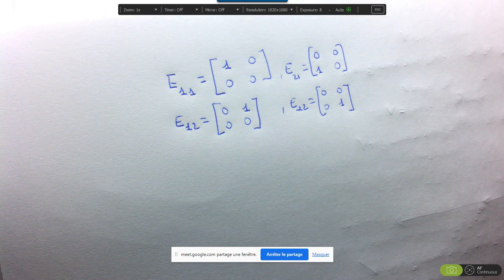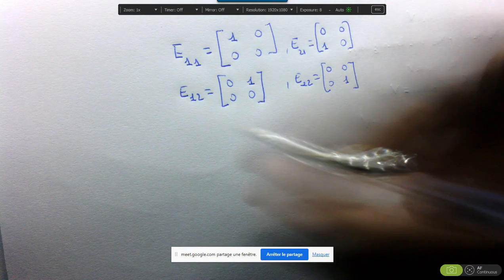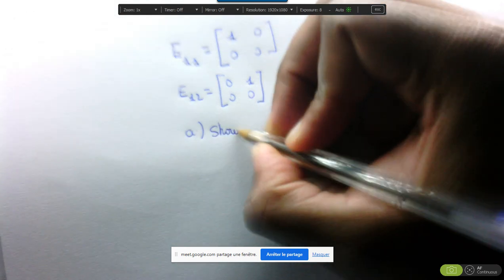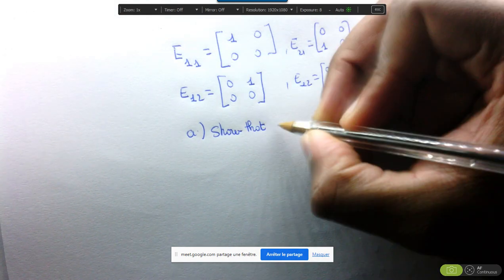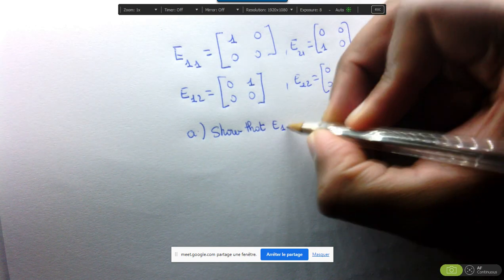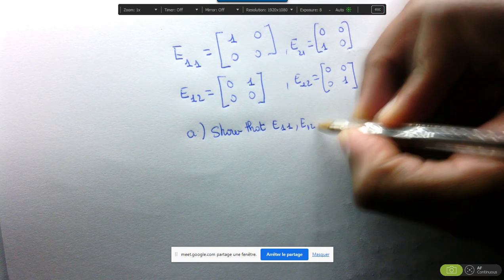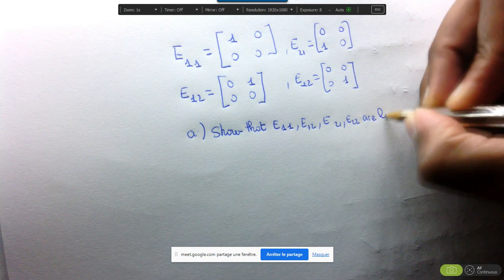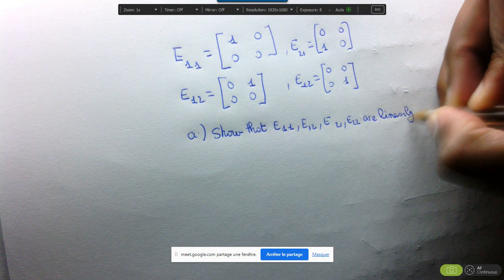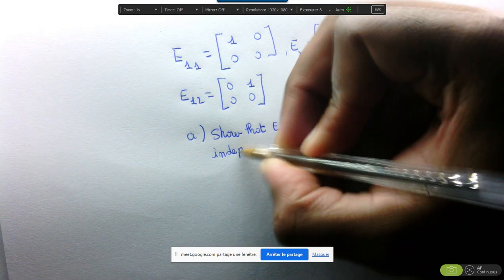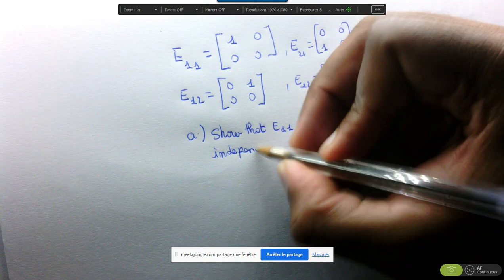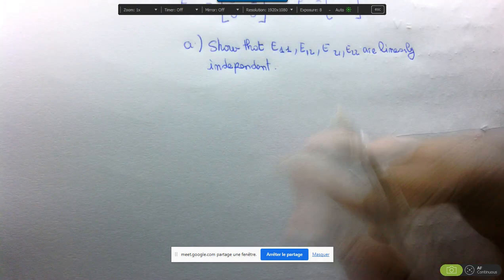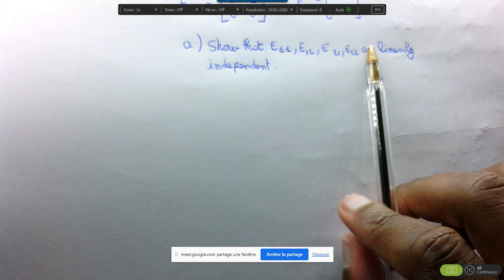Okay, so the first question was to show that E11, E12, E21, E22 are linearly independent. Usually we do this with vectors: we have vectors and then we show that they are linearly independent.